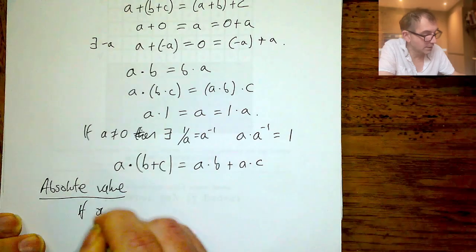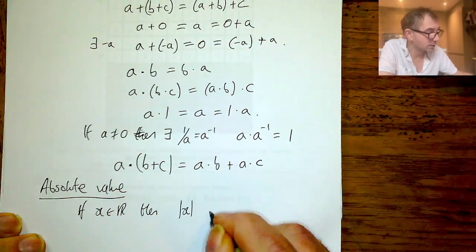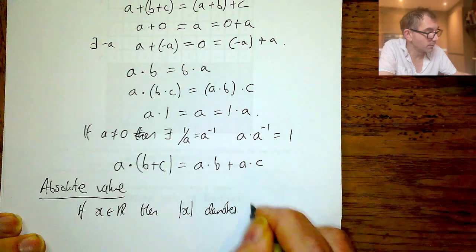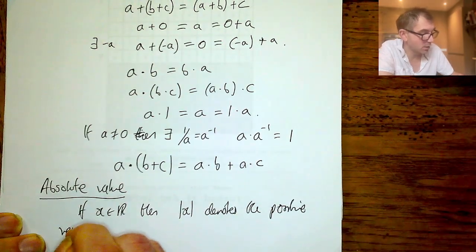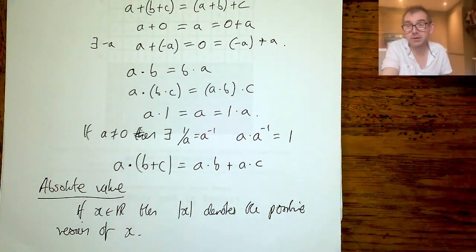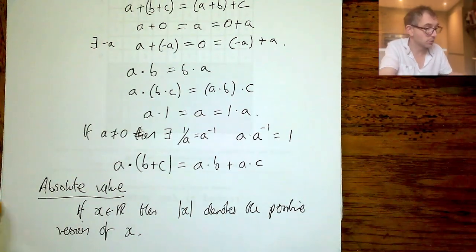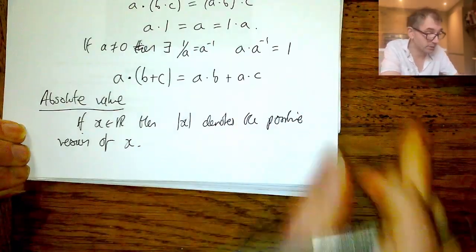If x is a real number, then the absolute value of x denotes the positive version of x. So what does that mean? That just means that if x is negative, we just make it positive.